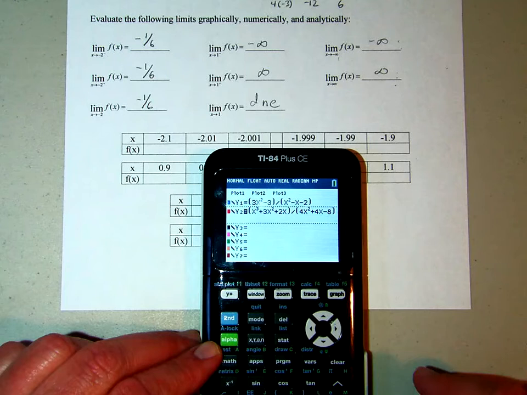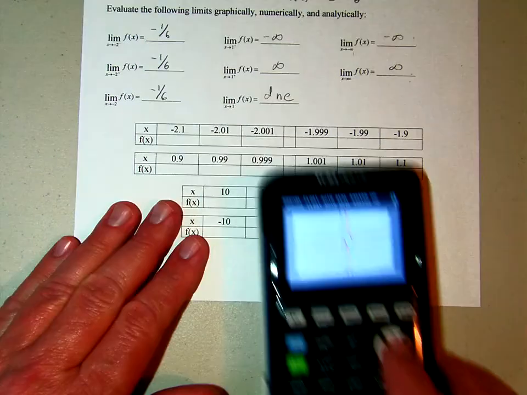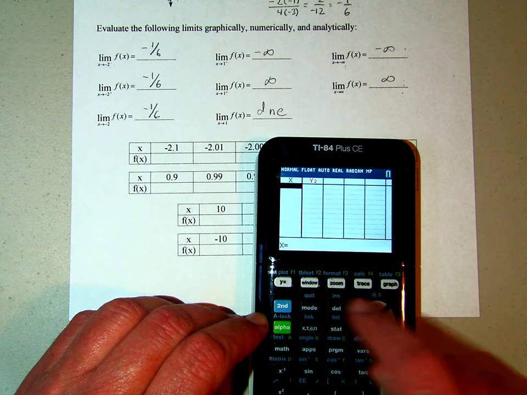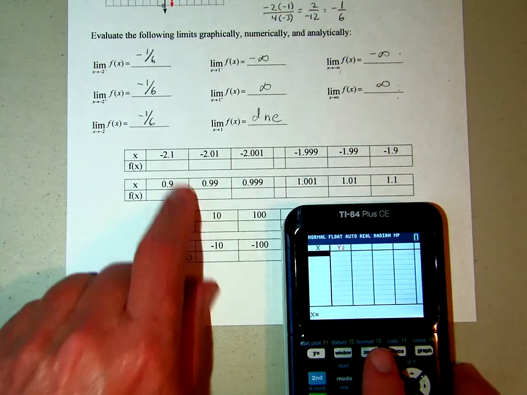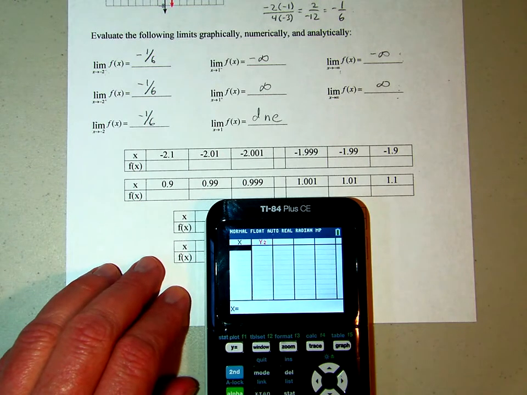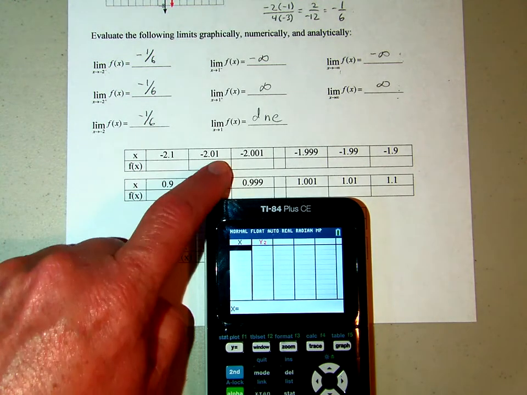And they look pretty similar, so I can feel reasonably confident that I have it typed in my calculator correctly. Alright, I'm going to go to my table, get rid of those values I had plugged in there, and the first table here that we're looking at is approaching -2 coming from the left, -2 coming from the right.